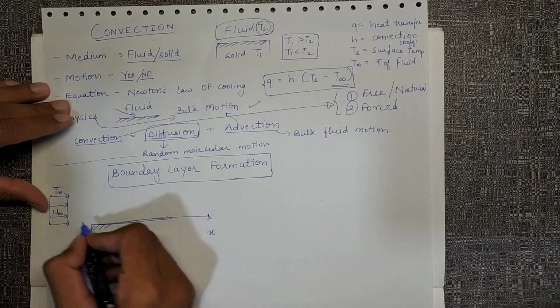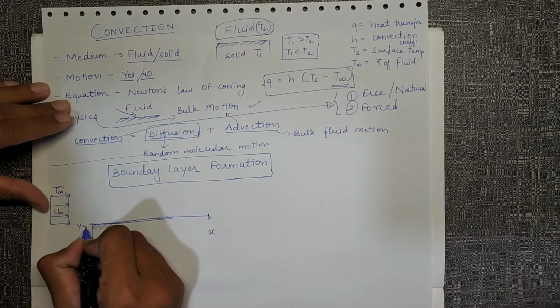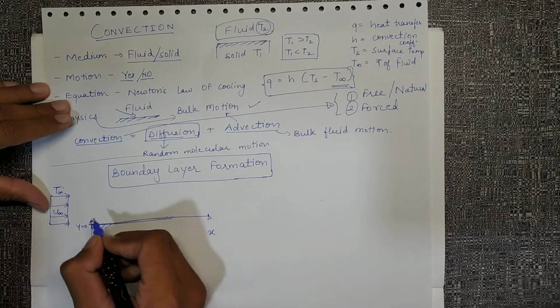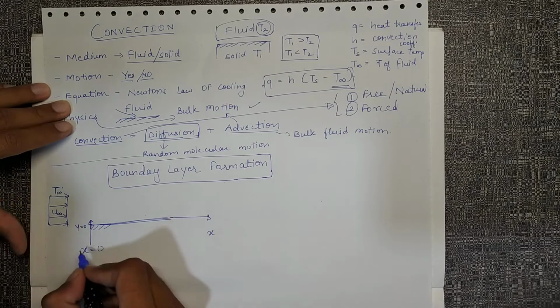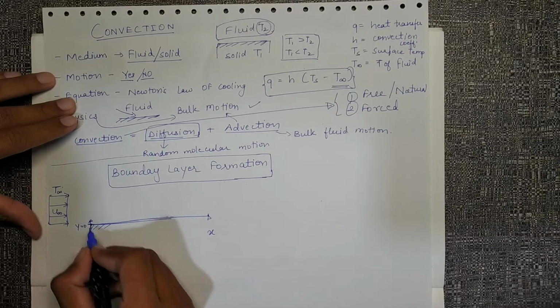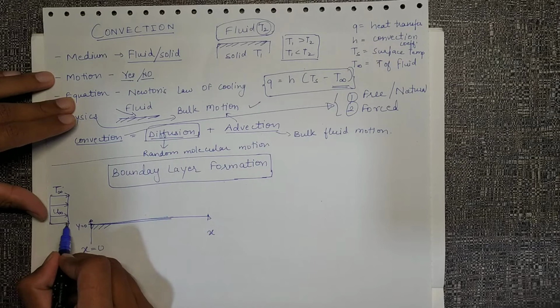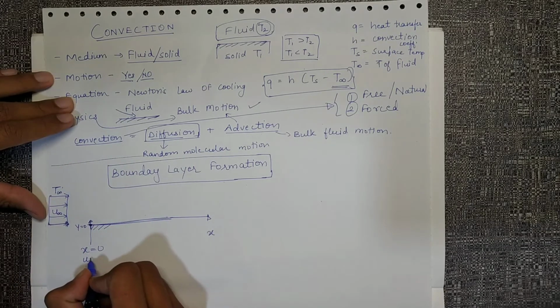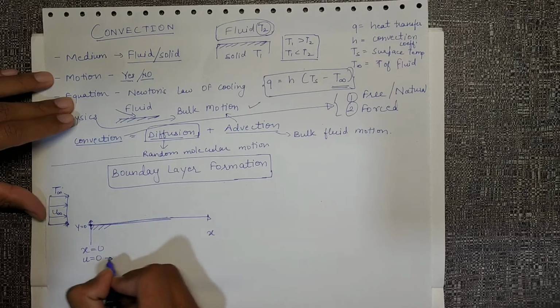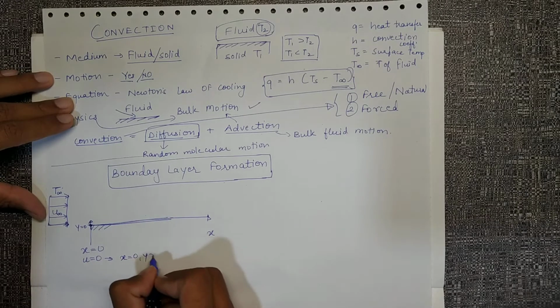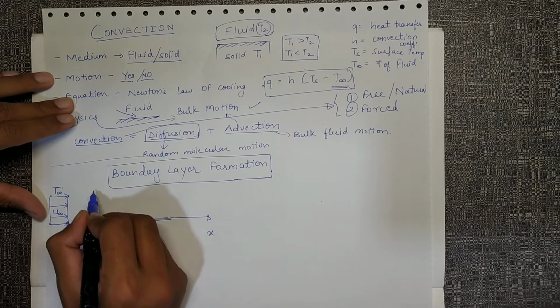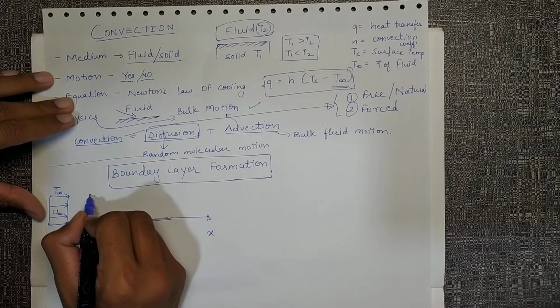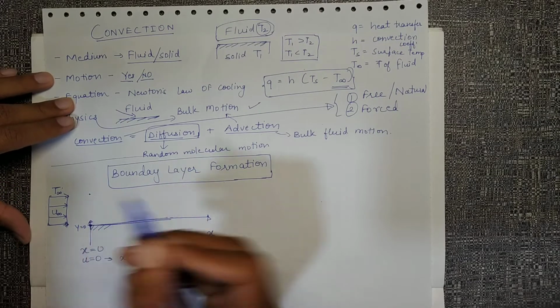So over here, and this is y equal to 0, and as we go up, the y value increases. At this point, when the fluid molecules interact with this surface point, the u value becomes 0. That is when x is equal to 0 and y is equal to 0. Far upstream from x, at this point the u value will be somewhat as it is.